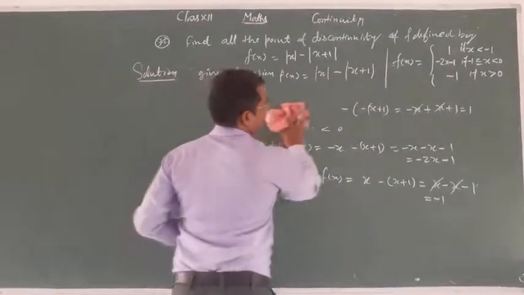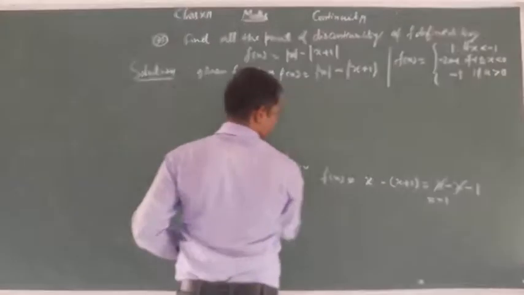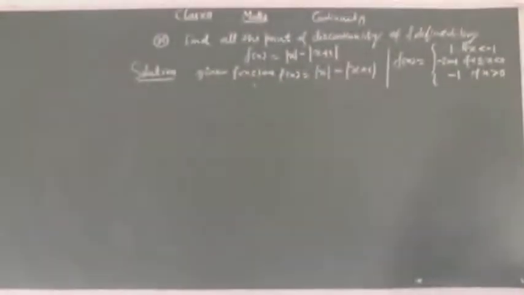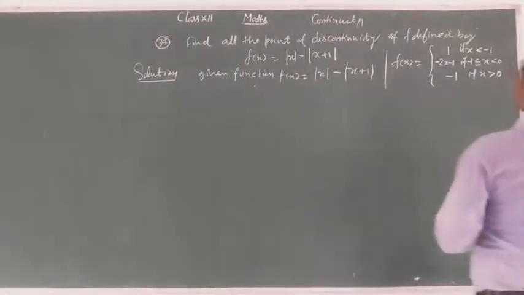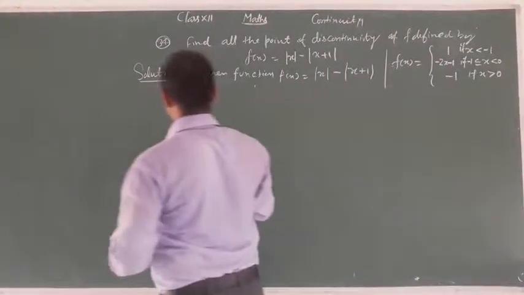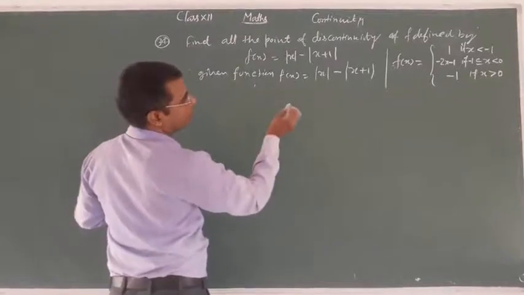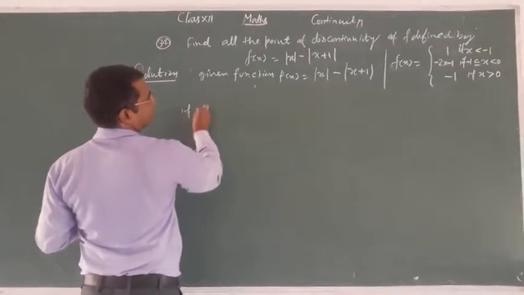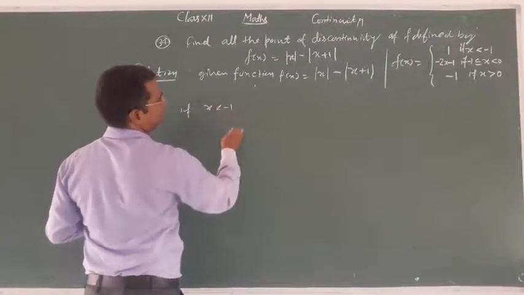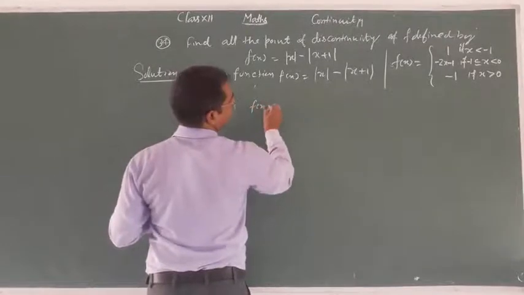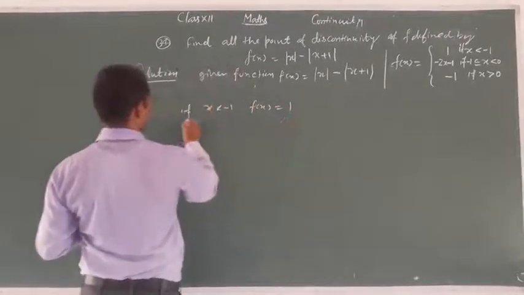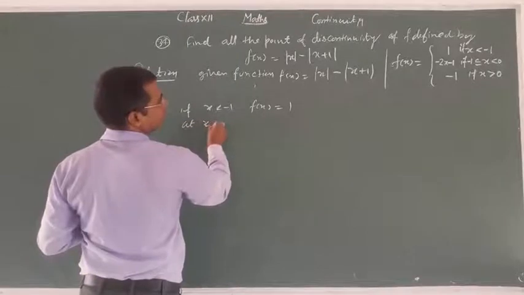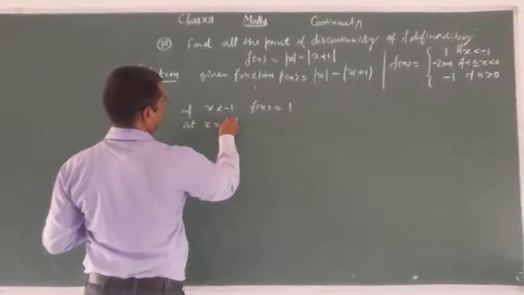Now we can solve this problem. If x less than minus 1, the function f(x) is equal to 1 at point x is equal to minus 1.